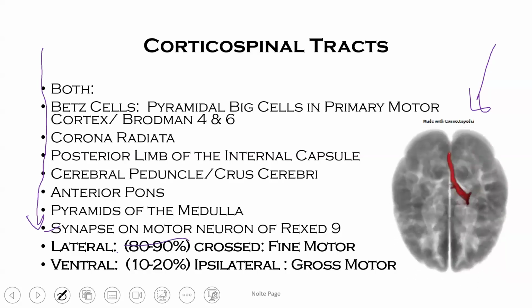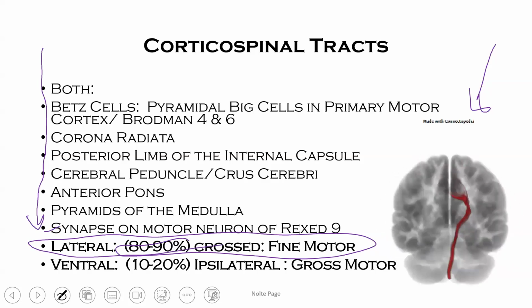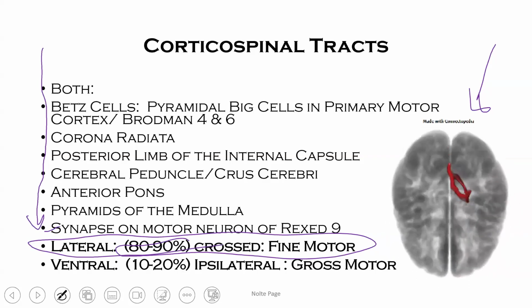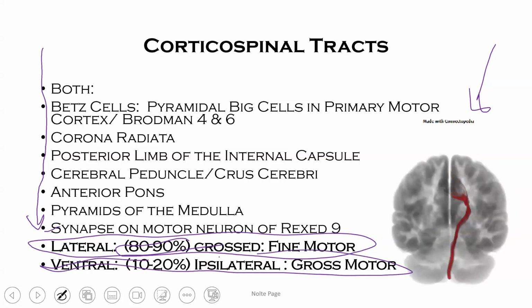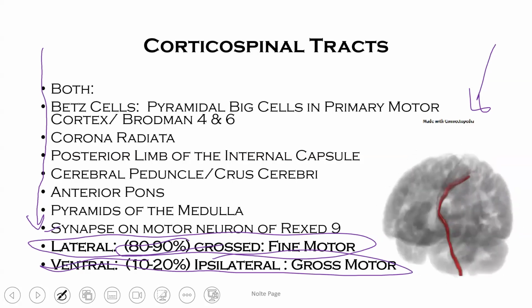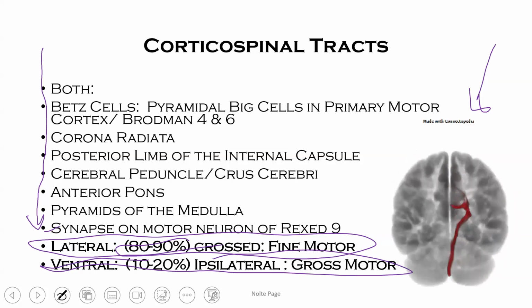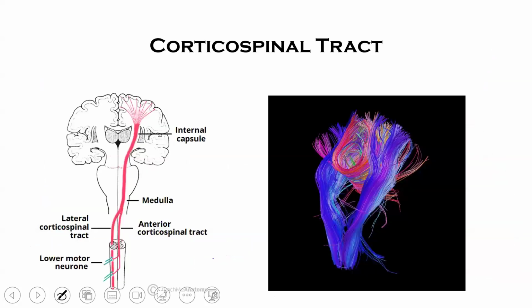And then 80 to 90% is going to cross, and it's responsible for fine motor control, okay? And then 10 to 20% stays on the same side. It's responsible for gross motor control, or the big movements that don't take a lot of skill. Fine motor control is all about skill.